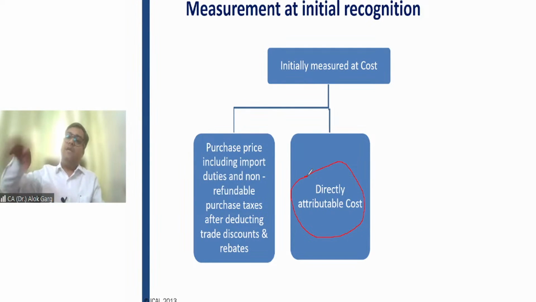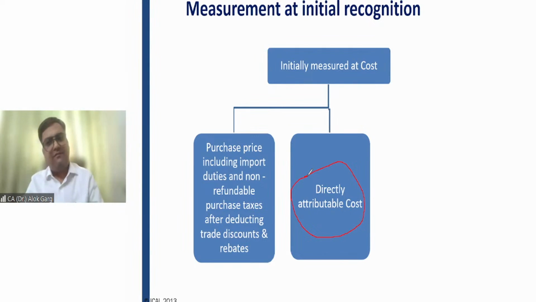From Kandla port, it will reach the factory of the company in New Delhi. Again, there is a transportation cost. There is a freight, right? There is an installation cost of the machinery. Until and unless it is installed, it cannot work for future economic benefit, right? There is also some mandatory inspection cost, right?